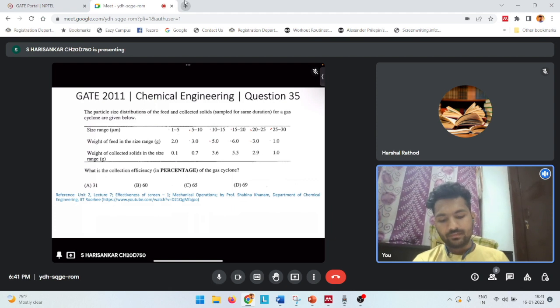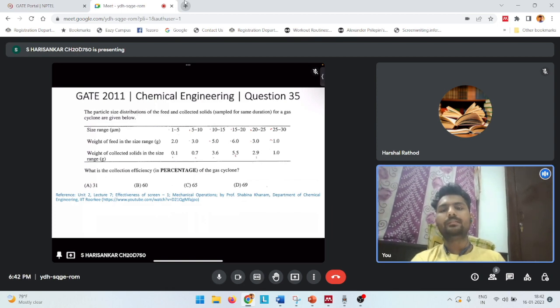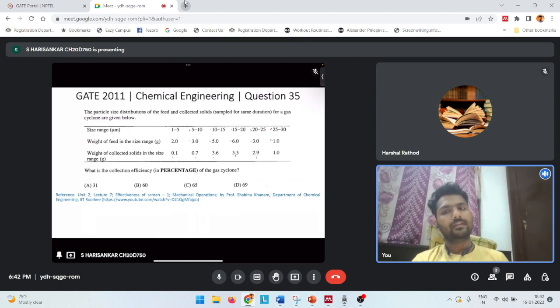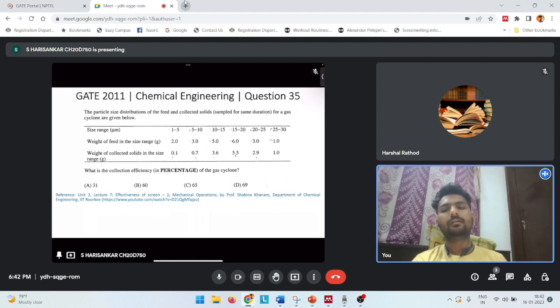They have also given the weight of the collected solids in this size range as 0.1, 0.7, 3.6, 5.5, 2.9, and 1. And using this table of data, we need to find the collection efficiency or overall collection efficiency of the gas cyclone in percentage.